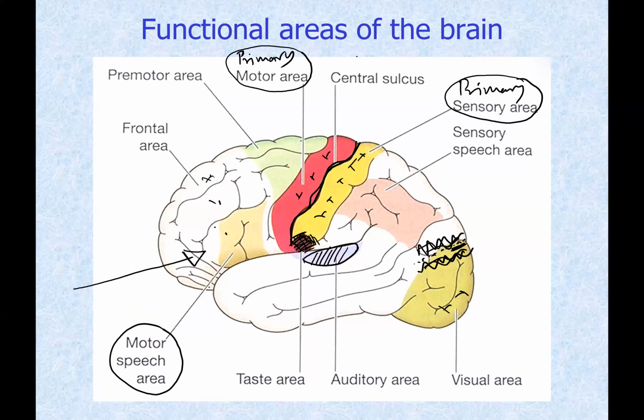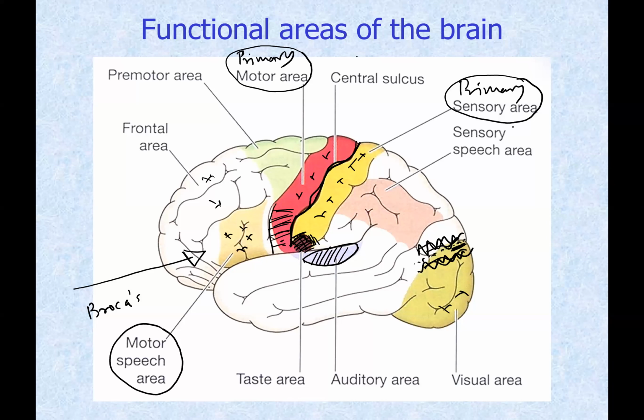The motor speech area, also called Broca's area, is in the inferior frontal gyrus, immediately in front of the primary motor cortex of the precentral gyrus.